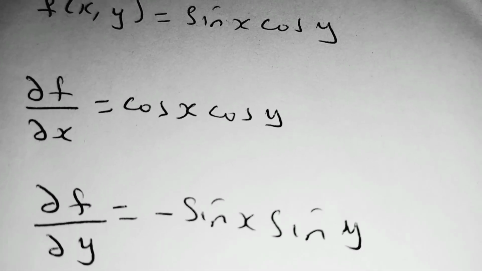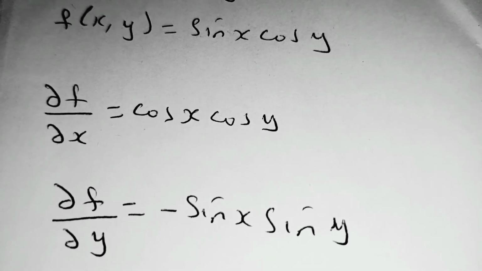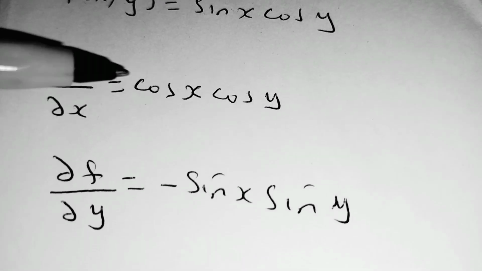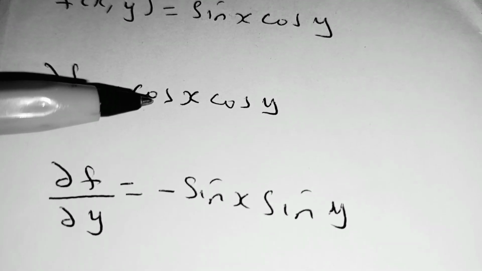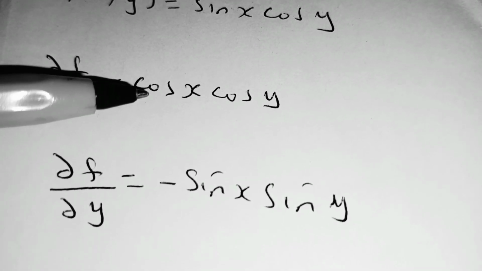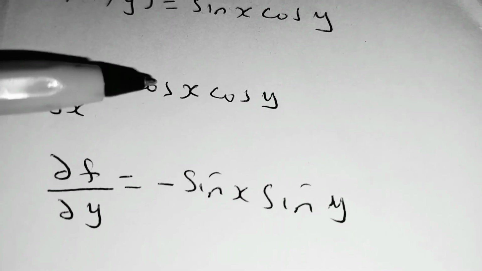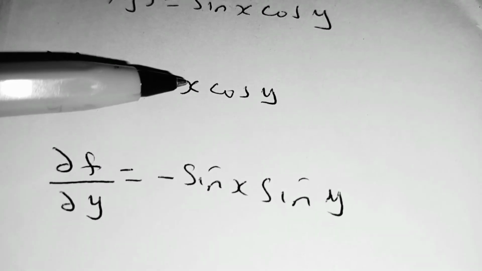The next thing, we want to substitute the values of x and y so that we see what we are going to have. The value of x is 30 degrees, so cos of 30 degrees will be root 3 over 2, and the cos of 60 degrees will be a half.